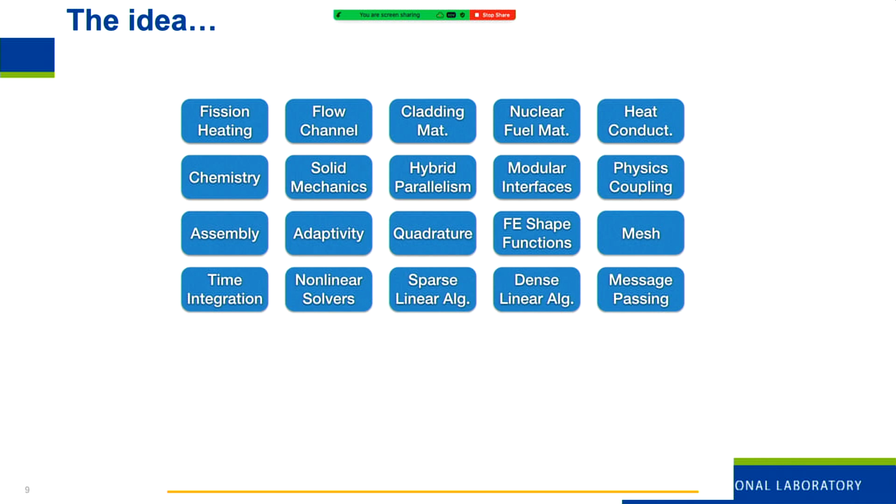If you were to sit down 30 years ago or so and try to develop this application, you would do all of these things, right? But we've learned in the intervening time that the development of numerical libraries is a good idea, and reusing other people's work is a good idea.